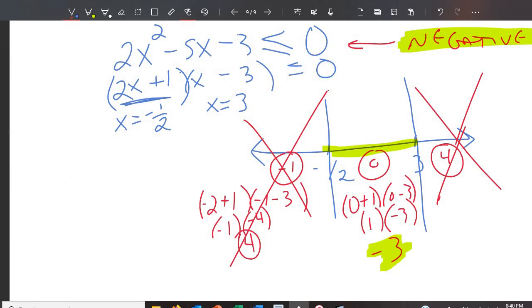So my answer is just simply between the negative 1/2 and the positive 3, and they both have brackets. So we're kind of combining different things into one problem. Factoring, solving for x, shading the graph based on whether something is positive or negative.